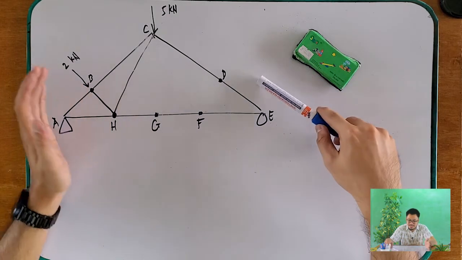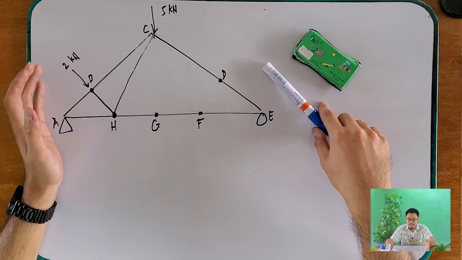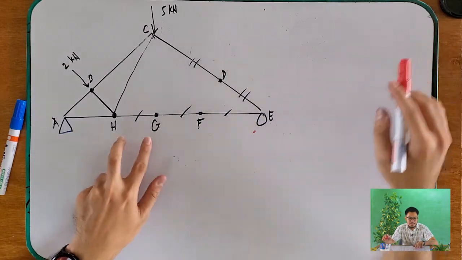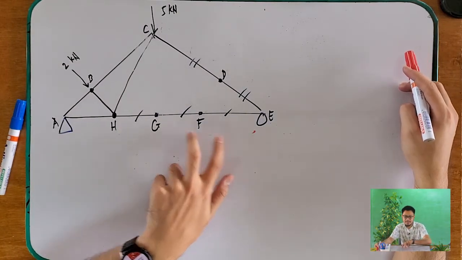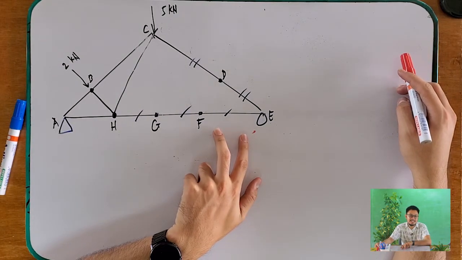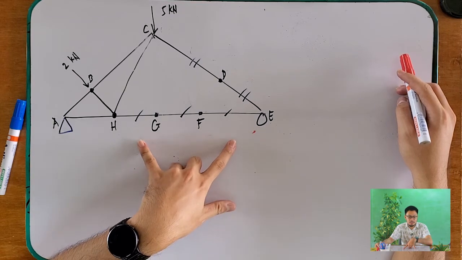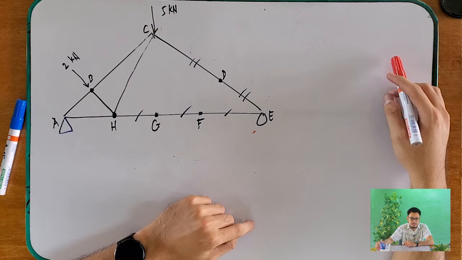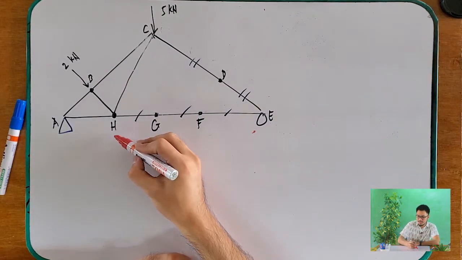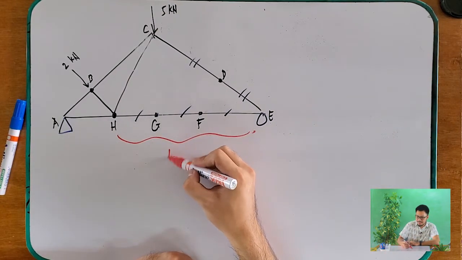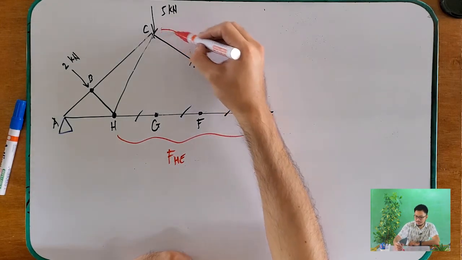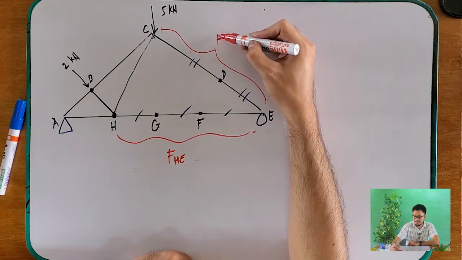So, with this one, maybe you can easily solve the problem. So therefore, your GH, your GF, and your FE have the same force. Also, your CD and DE also have the same force. So therefore, you can just consider this one as FHE and also this one as FCE.